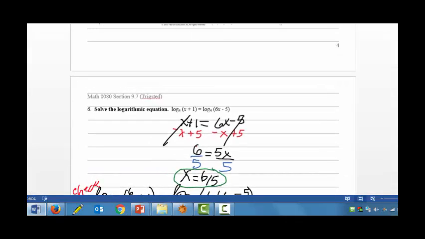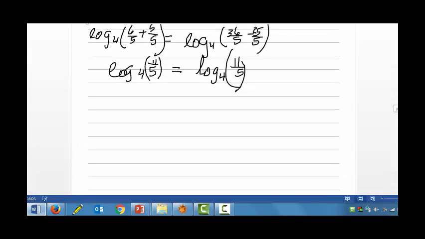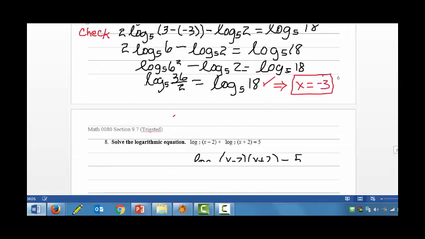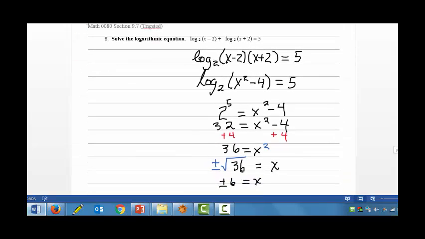So let's go back to our original equation here. And let's check. All right, so let's let x equal 6. I get the base 2 log of 6 minus 2, that's 4, plus the base 2 log of 6 plus 2, that's 8, equals 5.